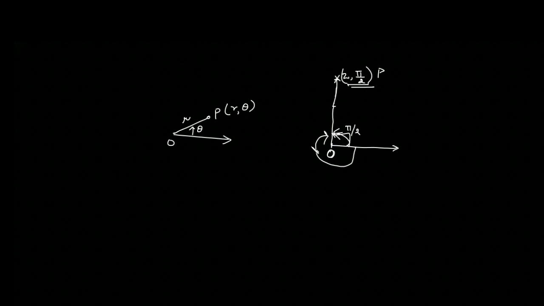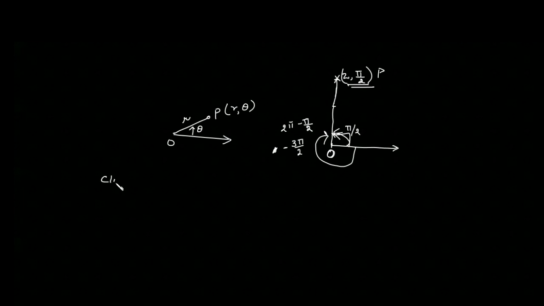This is 2 pi minus pi by 2, which is 3 pi by 2. But in the clockwise direction, so we know that whenever we are moving clockwise we consider theta to be negative, and when we are moving anti-clockwise we consider theta to be positive.